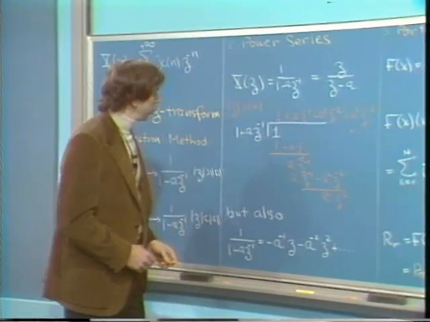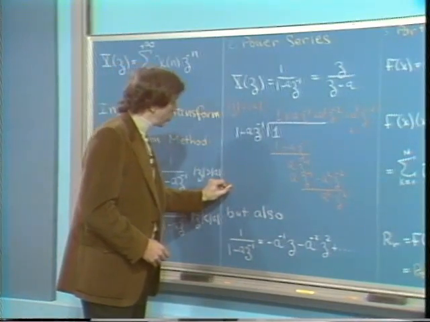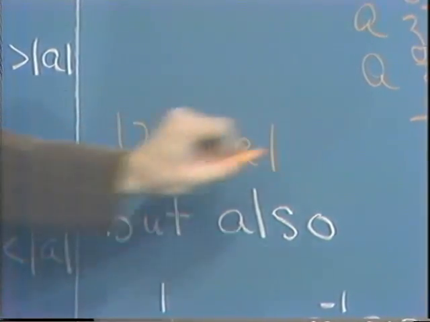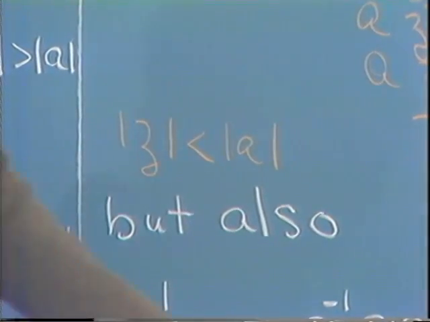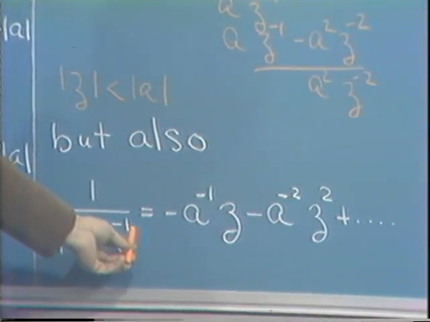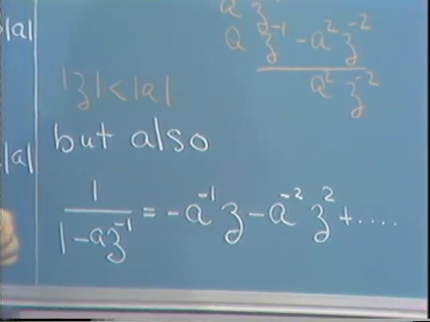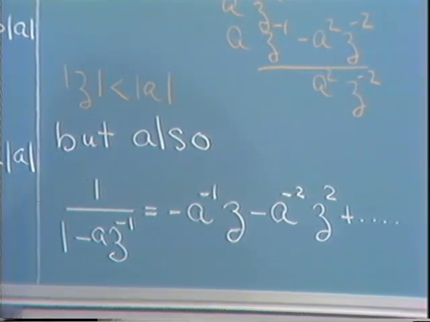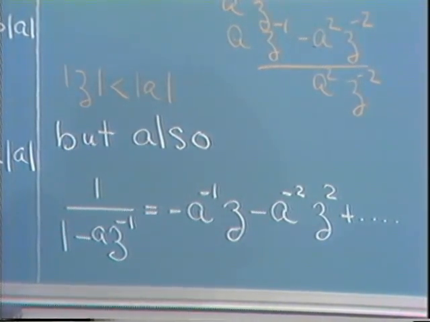On the other hand, if the region of convergence was the magnitude of z less than the magnitude of a, then it's this power series that converges, and consequently, in that case, we get a left-sided sequence, which again is consistent with what we know either from the inspection method or equivalently from the examples that we've worked before.